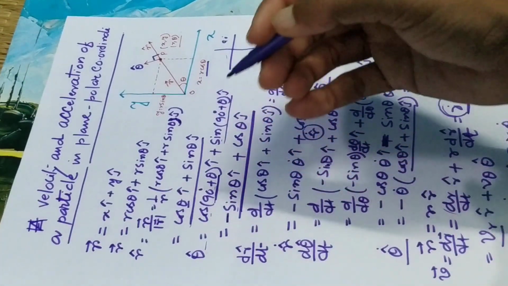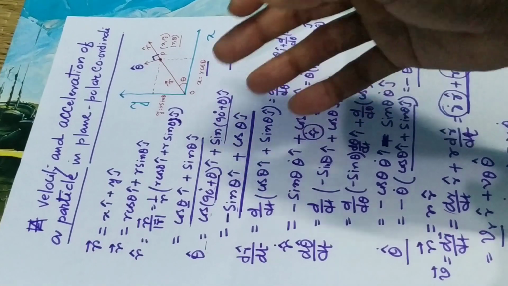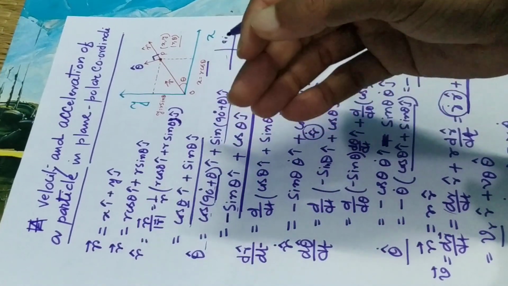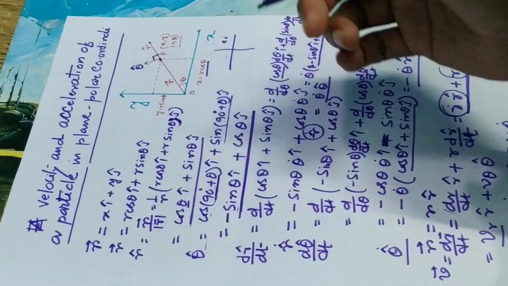Now when the particle is moving in a plane, the direction of r and theta may change with time.